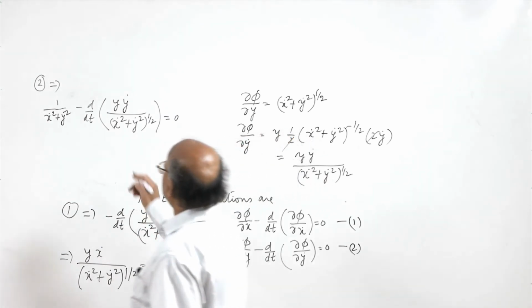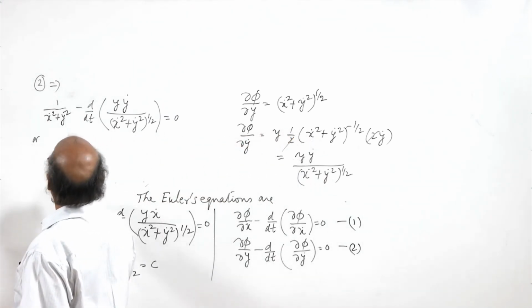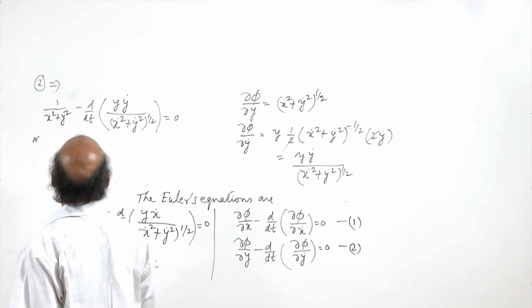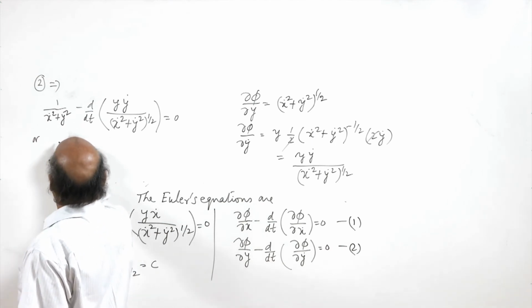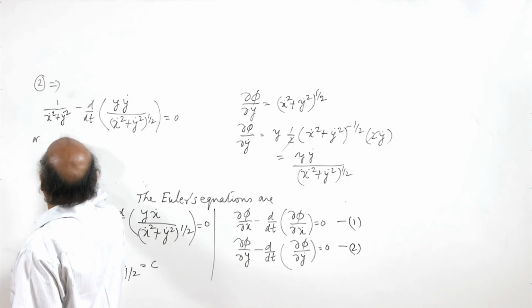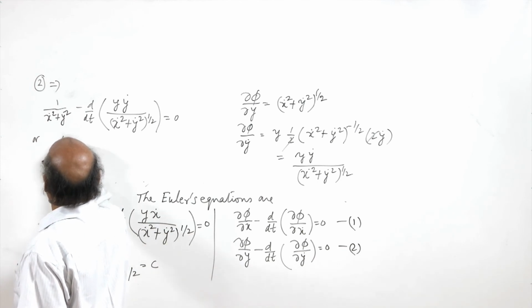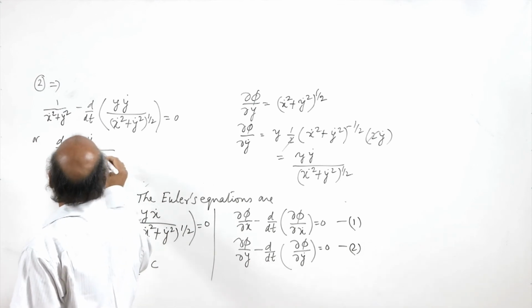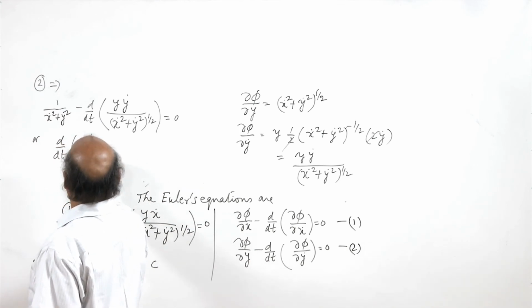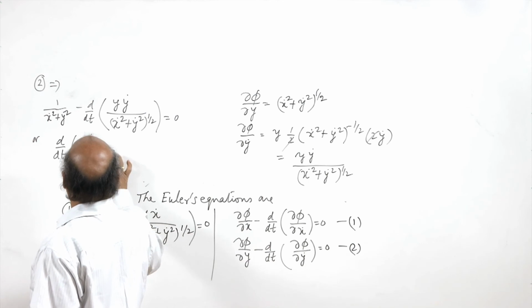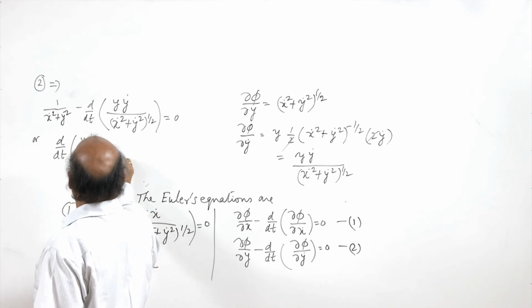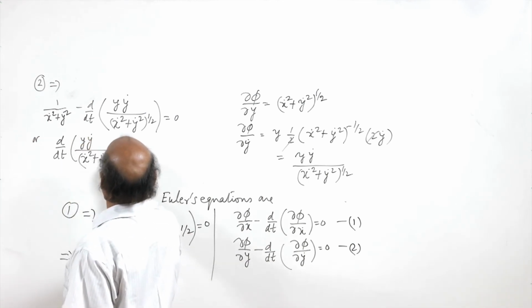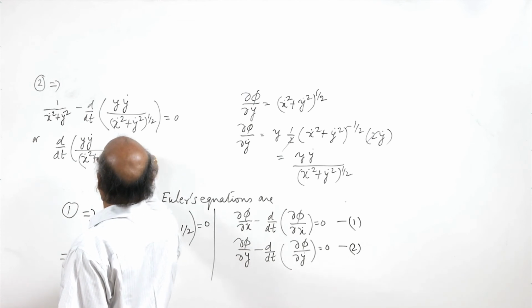We can write it in this form, or d over dt of y y dot upon (x dot square plus y dot square) to the power half is equal to 1 by (x dot square plus y dot square) to the power half.